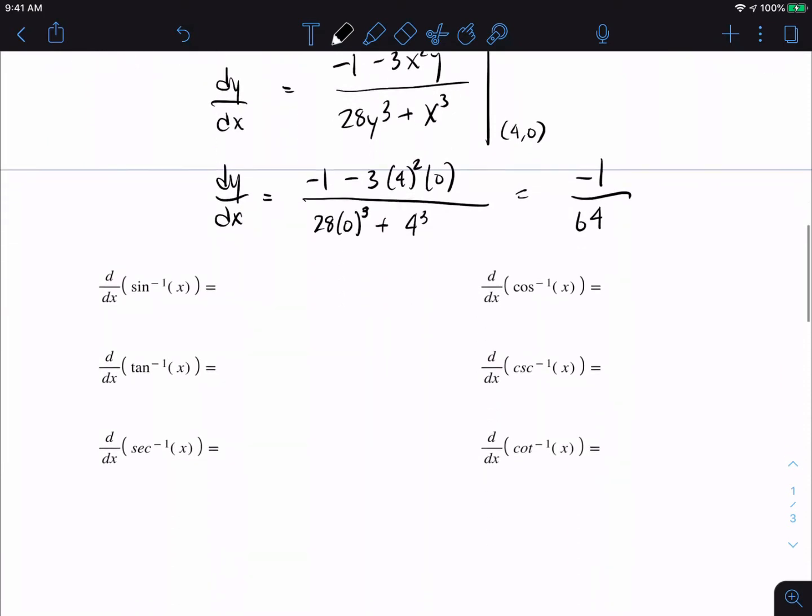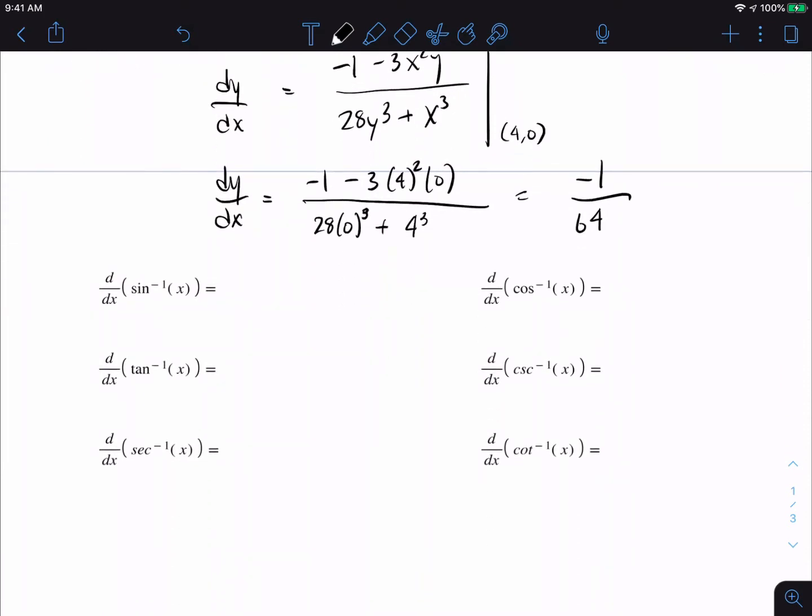All right, so here are these derivatives for you. These you should write down, have them on a table, have them under reference. They will save you. The derivative of arc sine is 1 over the root of the quantity 1 minus x squared. Cosine is just going to be the negative of that exact same thing. Tangent is going to be 1 plus x squared. It's funny that I wrote it this way because this is just the negative of that one.